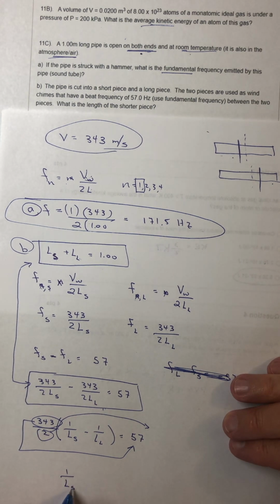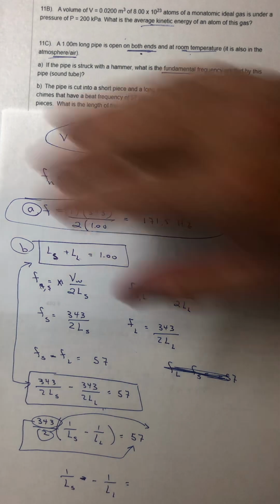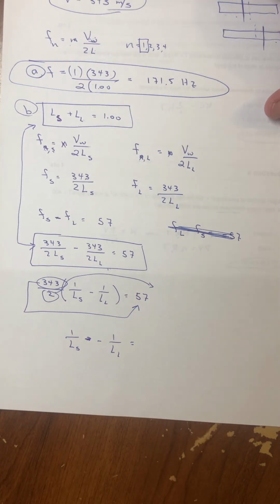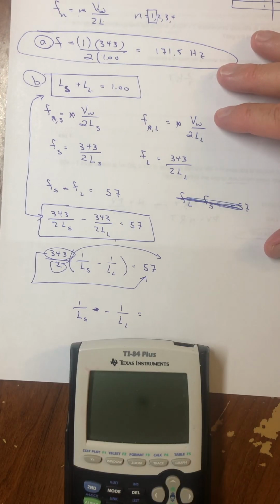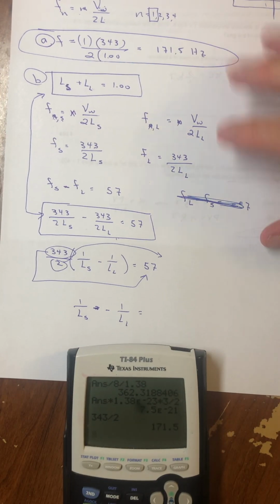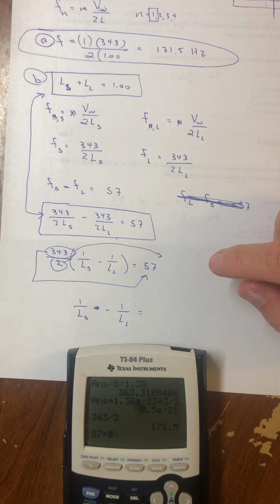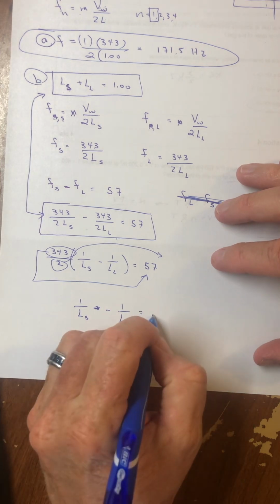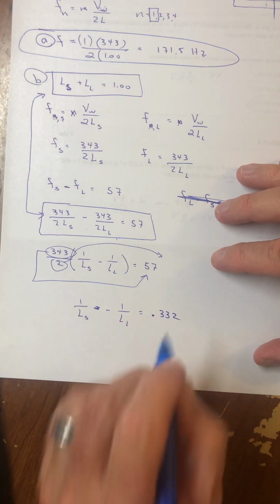So 1 over LS minus 1 over LL is equal to, and I'll grab the calculator here. And so I got 57 times 2 divided by 343. And so this is going to be 0.332.